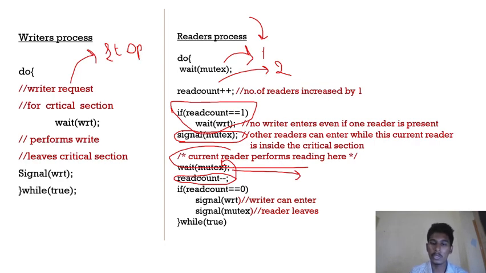If the count is 0, we need to let the writer write the data. If the count is 1 or more, we should not let the writer write the data, so that there is no ambiguity or chaos in accessing the data. Finally, the reader leaves by giving the signal to the mutex.